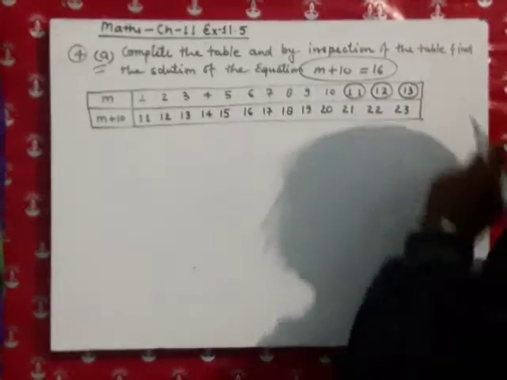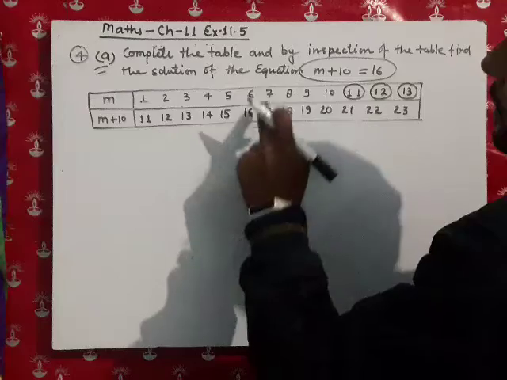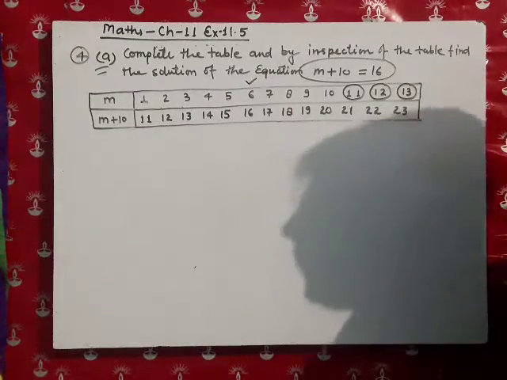According to this, what will be the solution of m plus 10 is equal to 16? We get 16 whenever the value of m is 6.